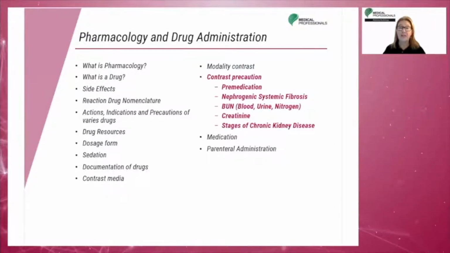Patients should continue metformin for 24 hours after the contrast study and resume only after renal functions are checked. Some hospitals require the drug to be discontinued for 48 hours after the contrast study.